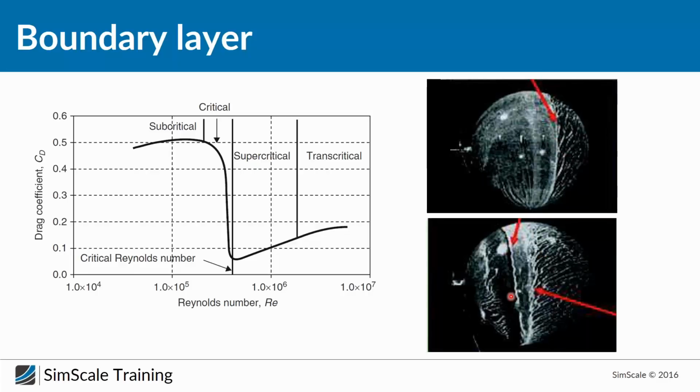And here it's much later. And you can see the difference, especially that here we have this curly structure, while this structure is looking more or less, I would say, noisy. Here you can see this is a turbulent boundary layer, this is a laminar boundary layer.